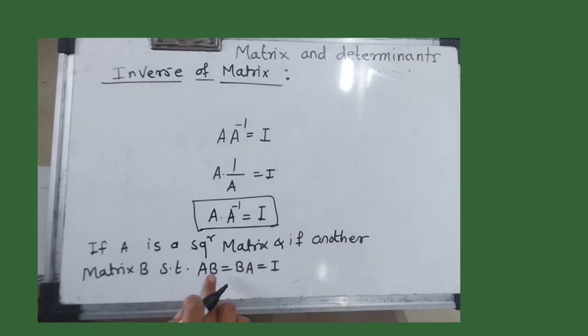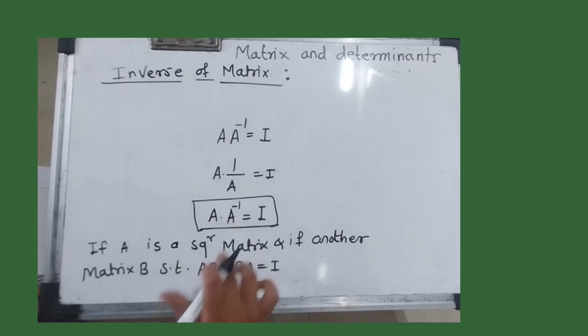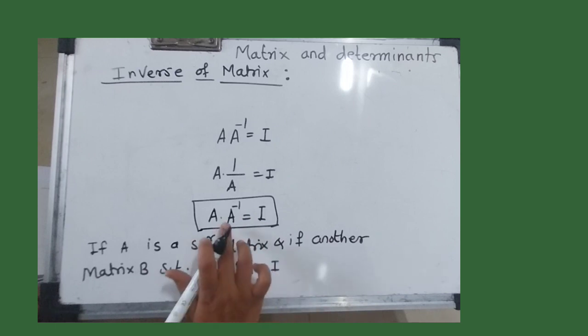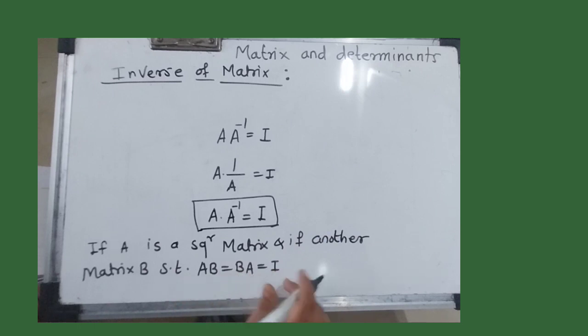A is the inverse of B and B is the inverse of A. Same condition. Instead of A inverse, I write B here. AB equals BA equals I.